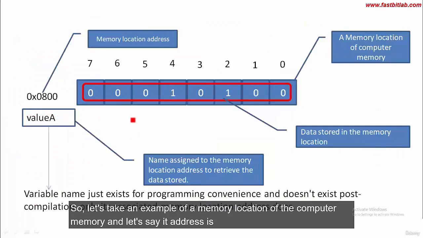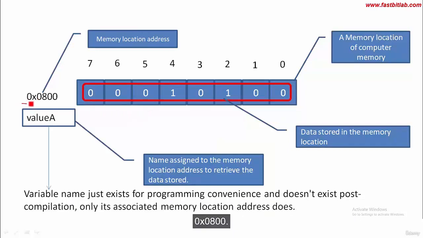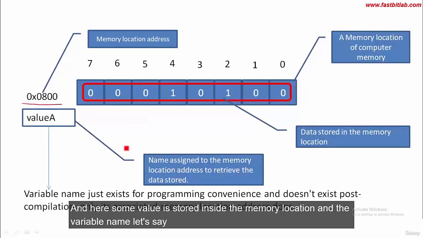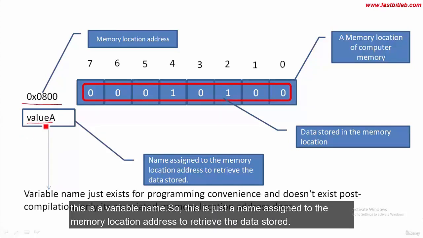Let's take an example of a memory location of the computer memory, and let's say its address is 0x0800. Some value is stored inside the memory location, and the variable name, let's say, is value A. This is just a name assigned to the memory location address to retrieve the data stored.